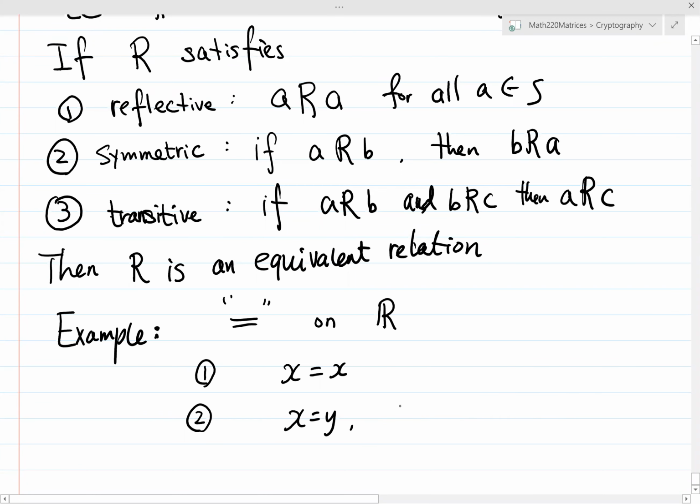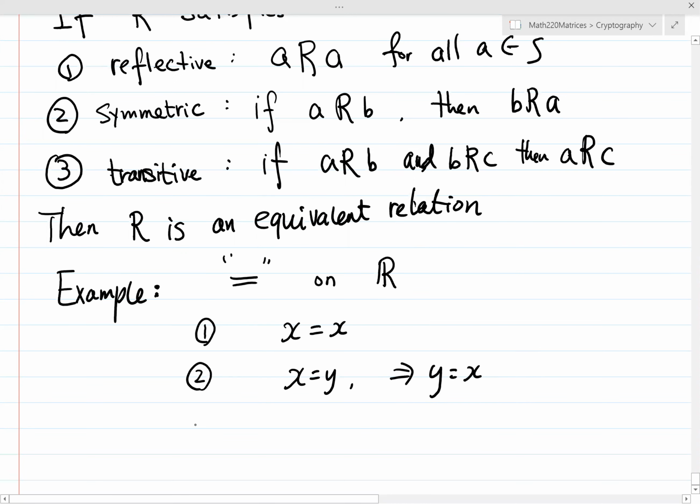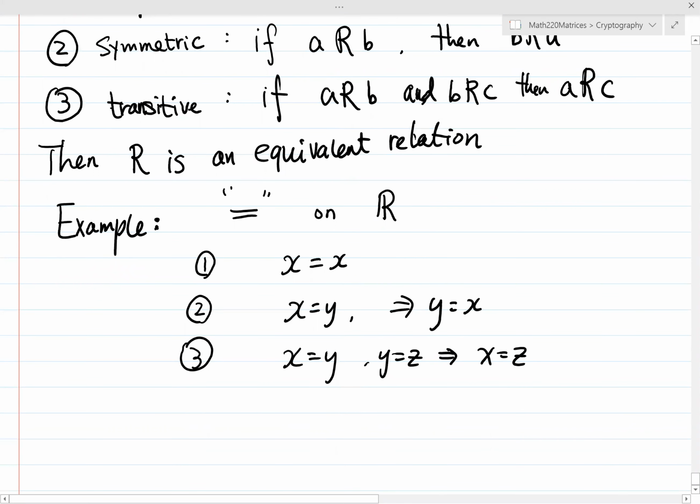If x equals y, then we get y equals x, symmetric. Third, transitive: x equals y equals z, then we get x equals z. So equal is actually an equivalent relation.